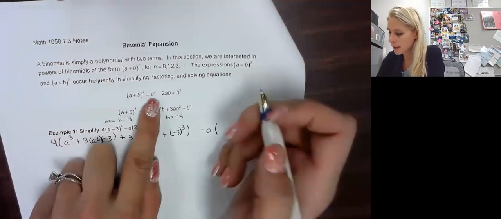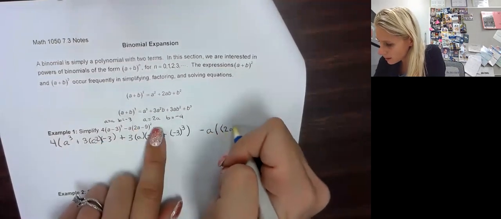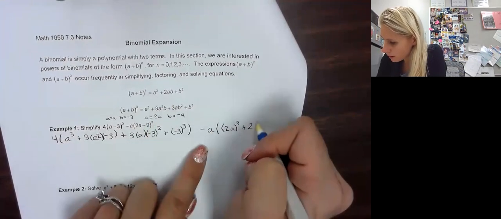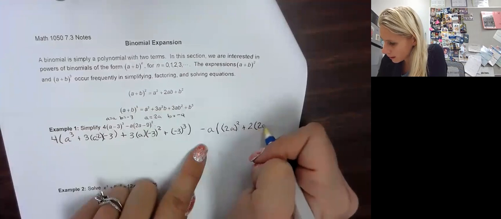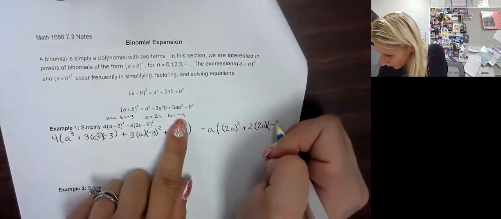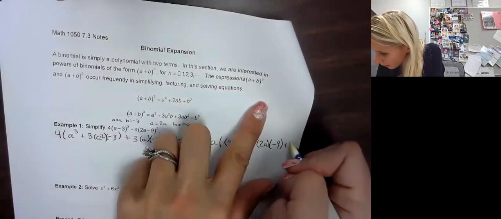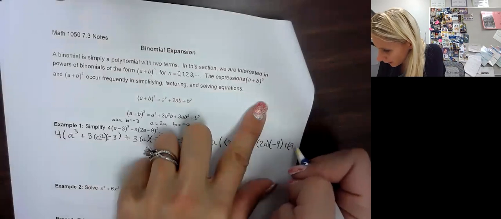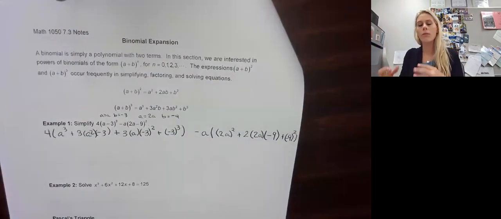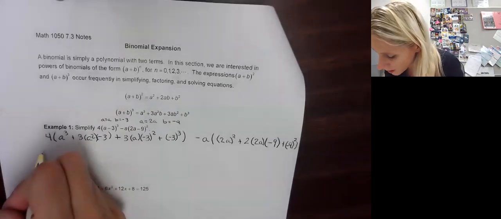So now when I replace it up here, we have (2a) squared plus 2 times 2a times b, which is our -9, plus our b squared, so -9 squared. And that's writing it out and expanding it. So let's see if we can simplify that.